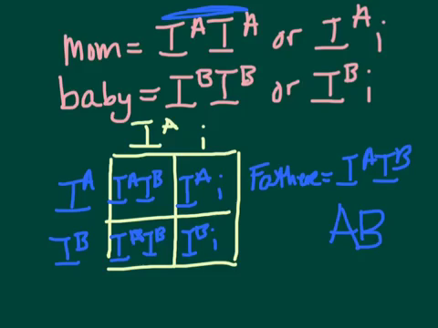And that got me to have I^B i for the child. And so that's an example of blood type with a problem. And so that's a typical blood type example.